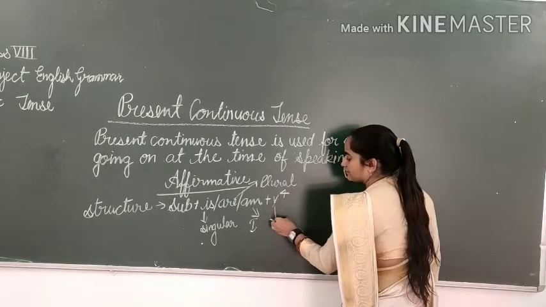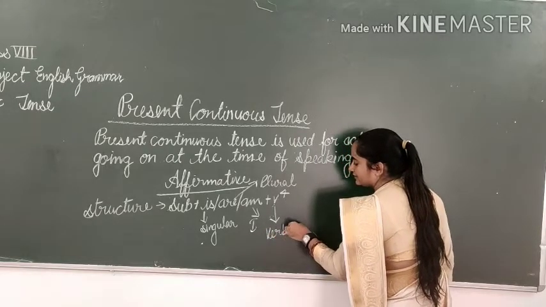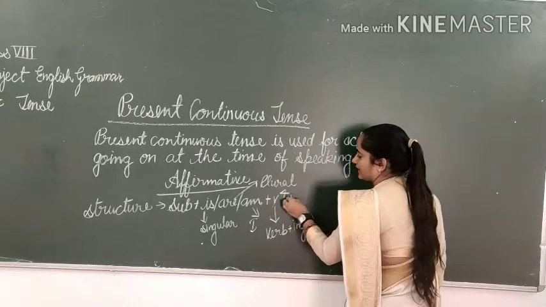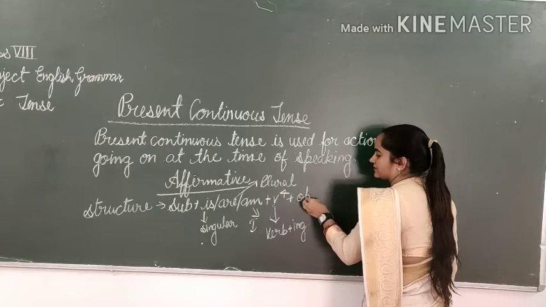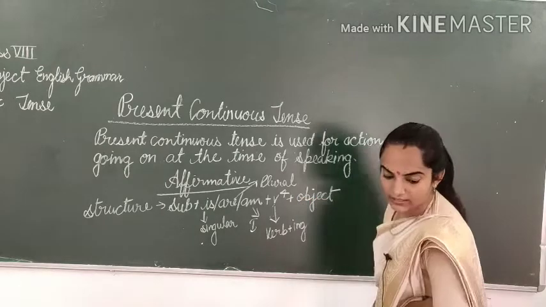V4 means verb with verb plus ing, and then after object. Now we will frame the sentence according to the structure.